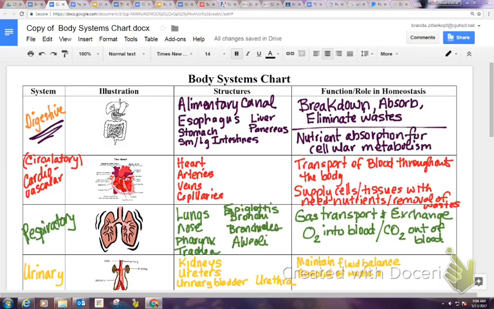I don't want to say toxins from your blood, because really that's the job of the liver. Removal of waste from the bloodstream.